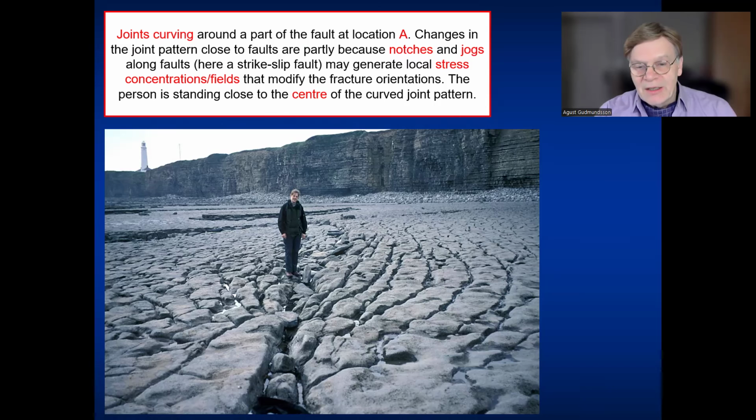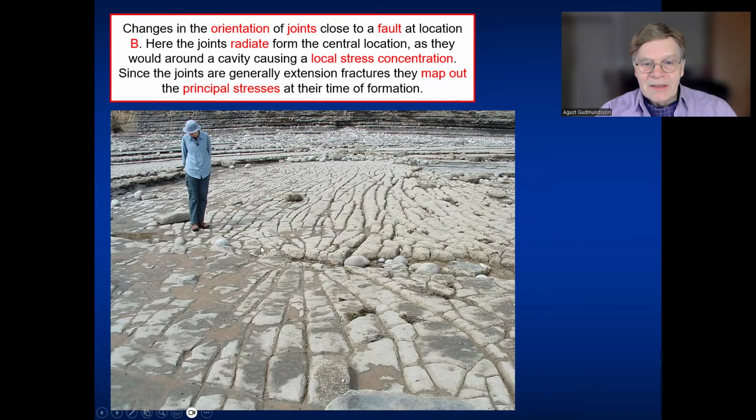Now here is another place along a fault, where the lady is standing. We see the joints curving away from this notch here, and that's because there was a stress concentration along the fault. This is the fault here. That led to changes in the local stress field at the time when these joints were forming.